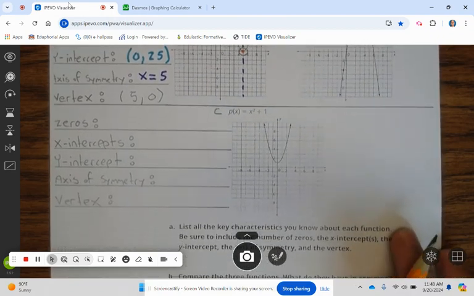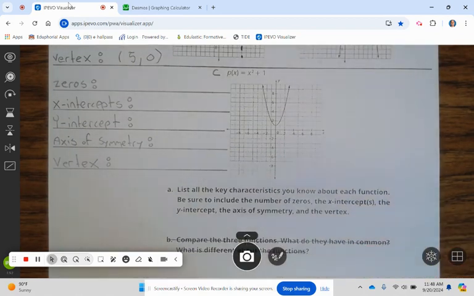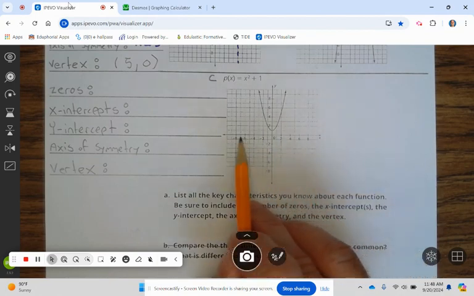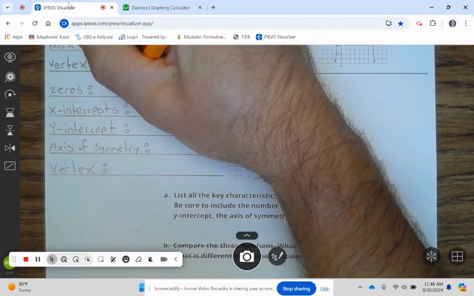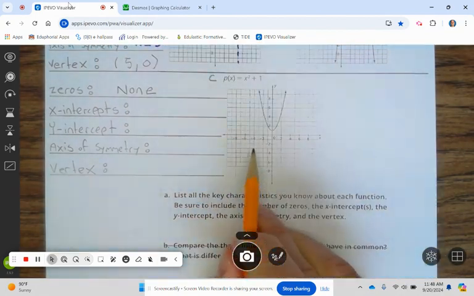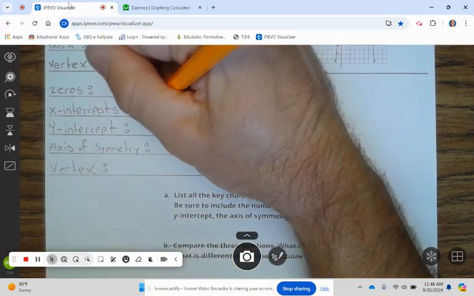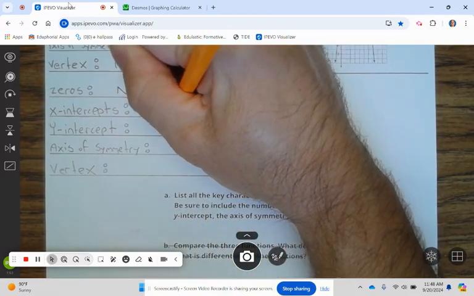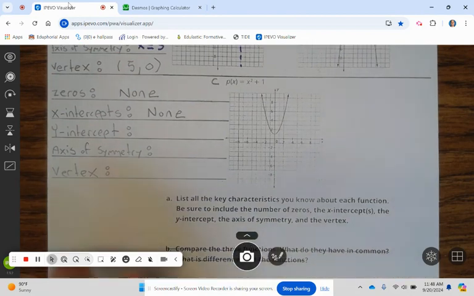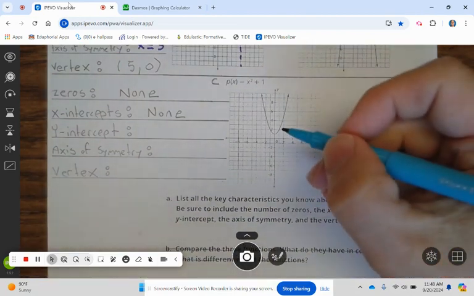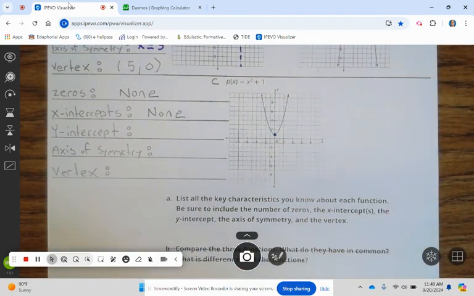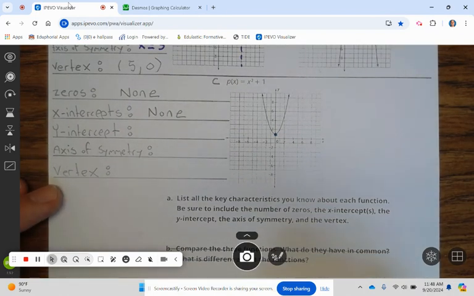All right, let's take a look at C. Okay, so this doesn't cross the x-axis, so there are no zeros. And it doesn't cross the x-axis, so there's no x-intercepts. Okay? The y-intercept is this point right here, which is 0, 1.